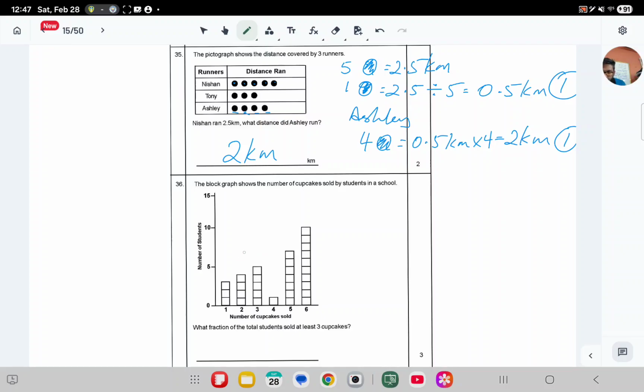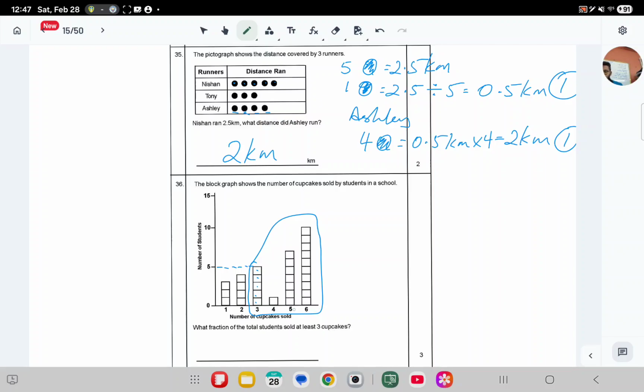So at least 3 is over here. Alright, so at least 3 means this here. So we know that based on this information, 1, 2, 3, 4, 5, so we know that 1 block represents 1 student.